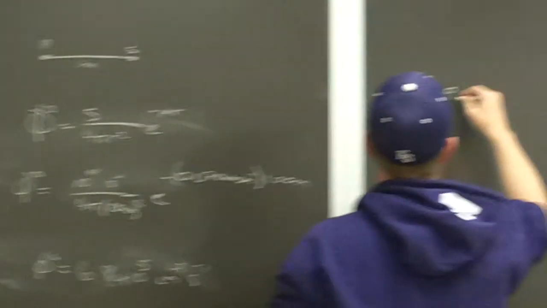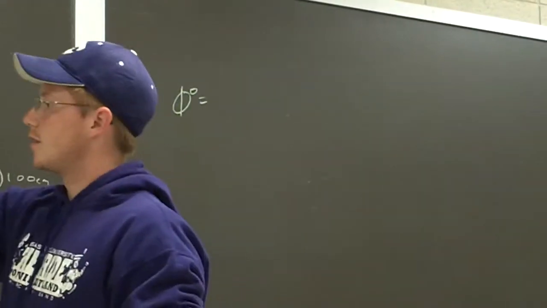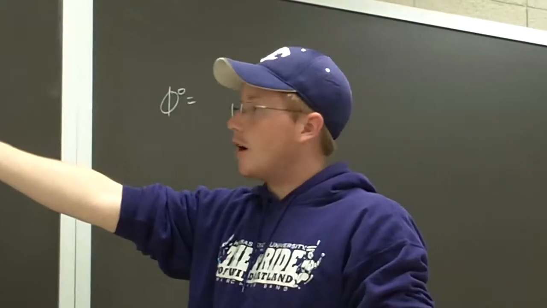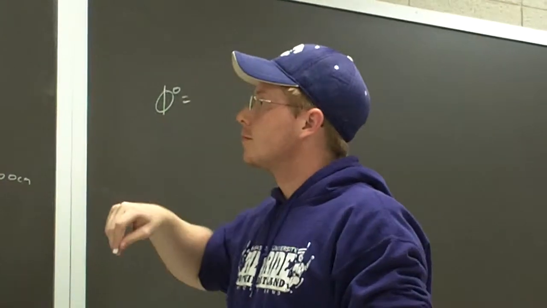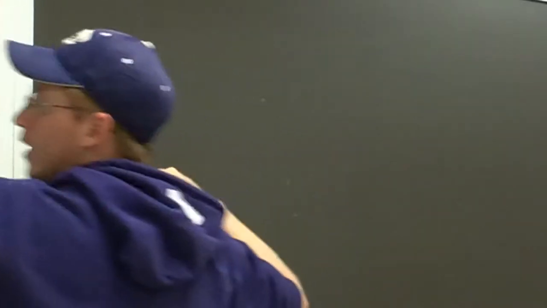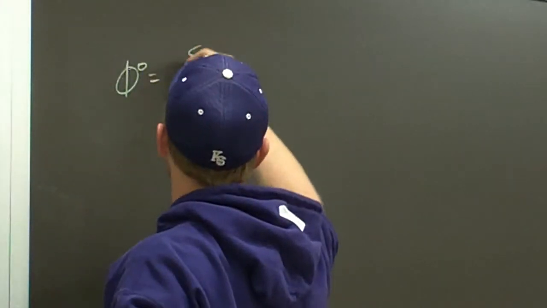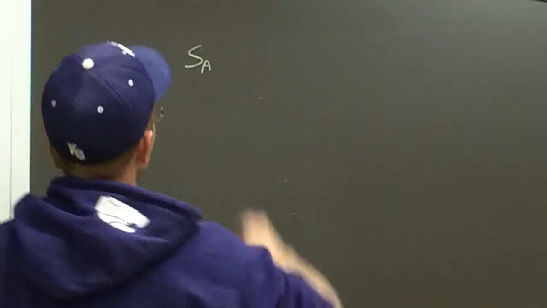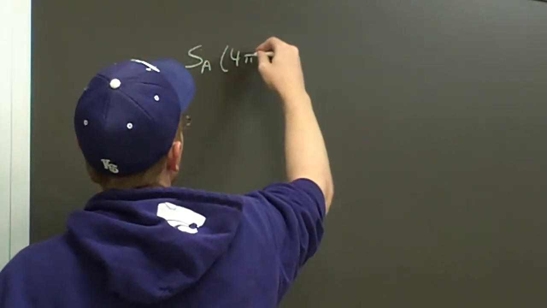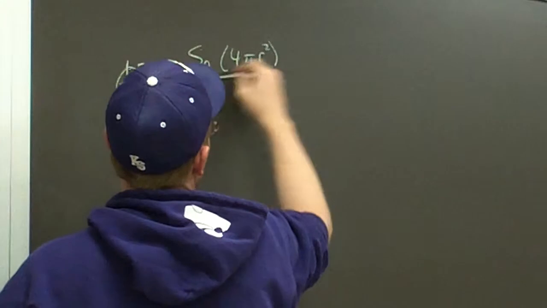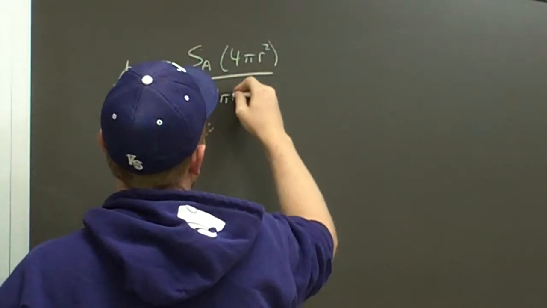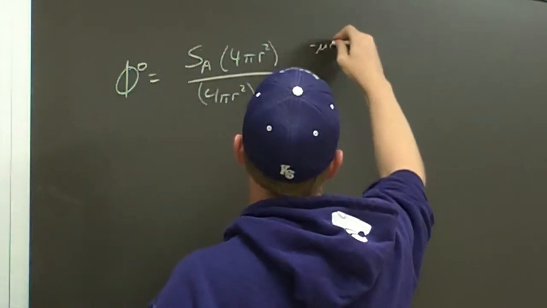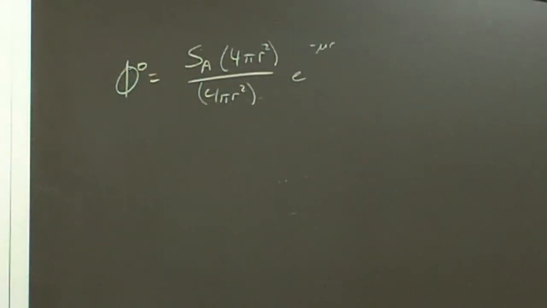If we wanted to say across the whole thing, you could integrate through. But if you have an area source, that source is going to be the source strength per area times the area that it's across, so times 4 pi r squared, and then divided by your geometric attenuation times e to the negative mu r.